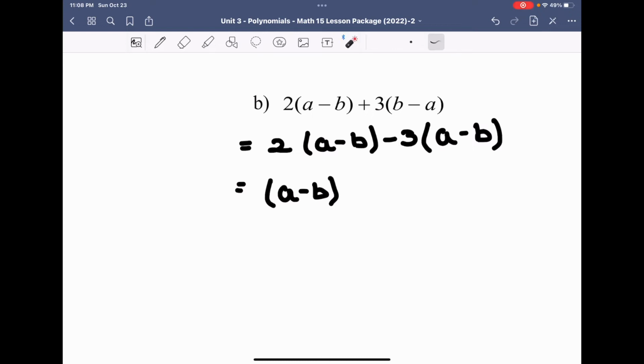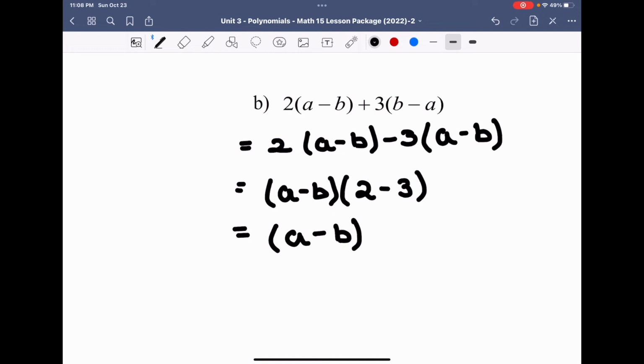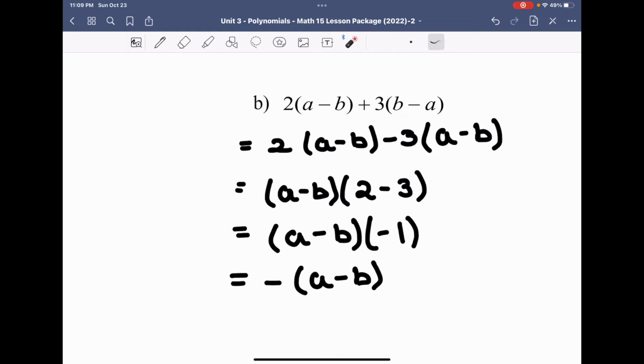What am I left with? 2 minus the 3. And what does 2 minus 3 simplify to? A minus b times 2 minus 3, which is negative 1. And this could be written as negative a minus b, because we do not have to write that 1 in there. A negative 1 can be simplified to just writing a negative. So this is a valid way to express this.